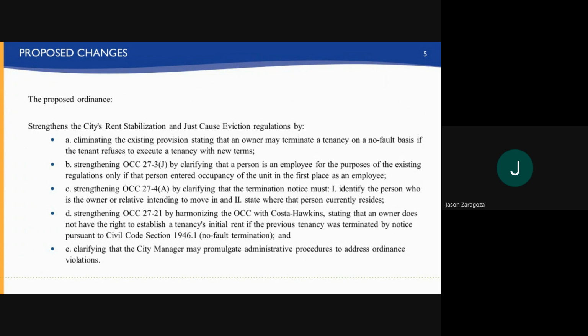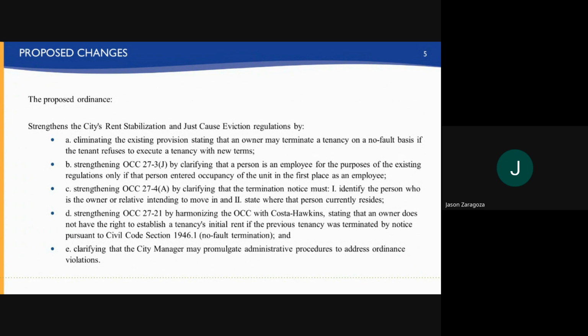Also clarifies that a termination notice must identify the person who is the owner or relative intending to move in, if that is the just cause basis for the termination of tenancy, and must also state where that person currently resides.